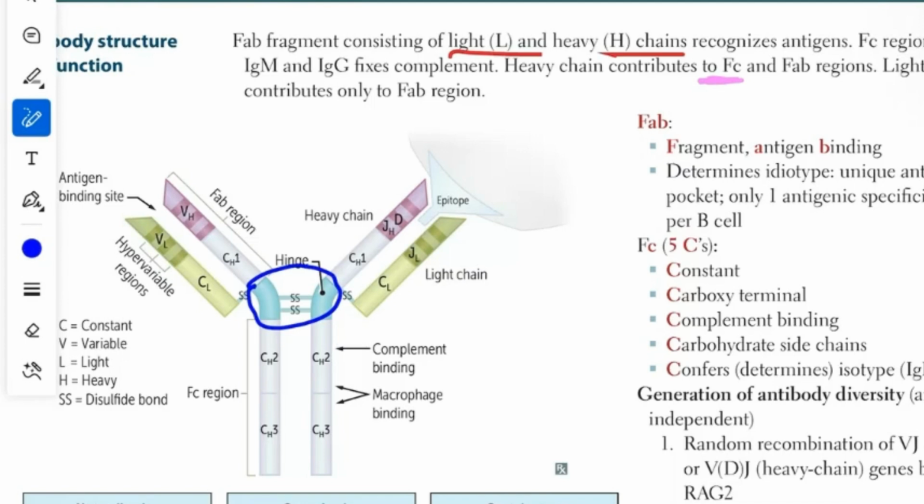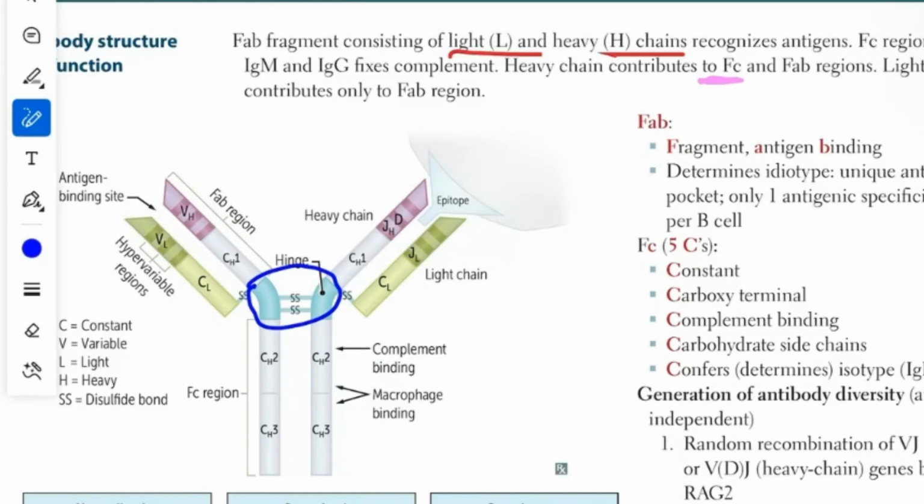It affects the degree of flexibility of the arms to move. There's a feature of antibodies called avidity, which we'll look at on the next page. The hinge length affects the ability of the arms of the immunoglobulin to move back and forth.